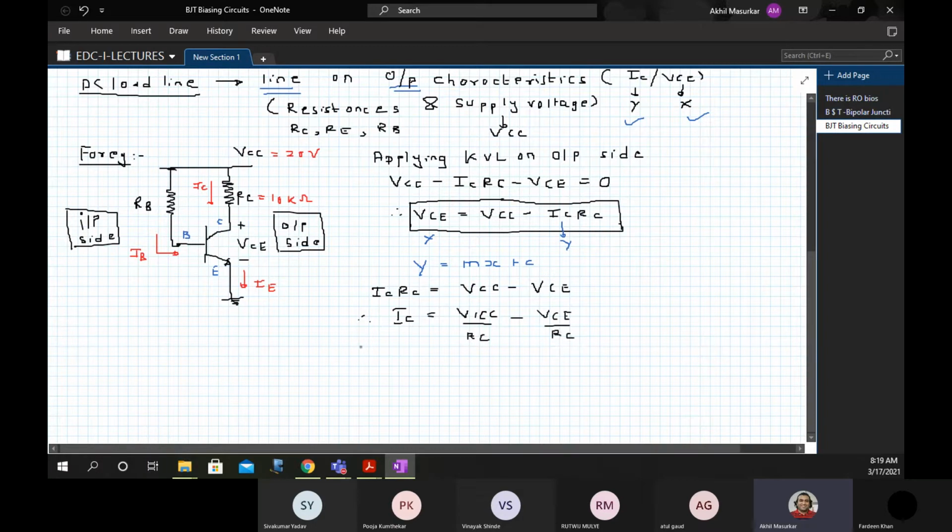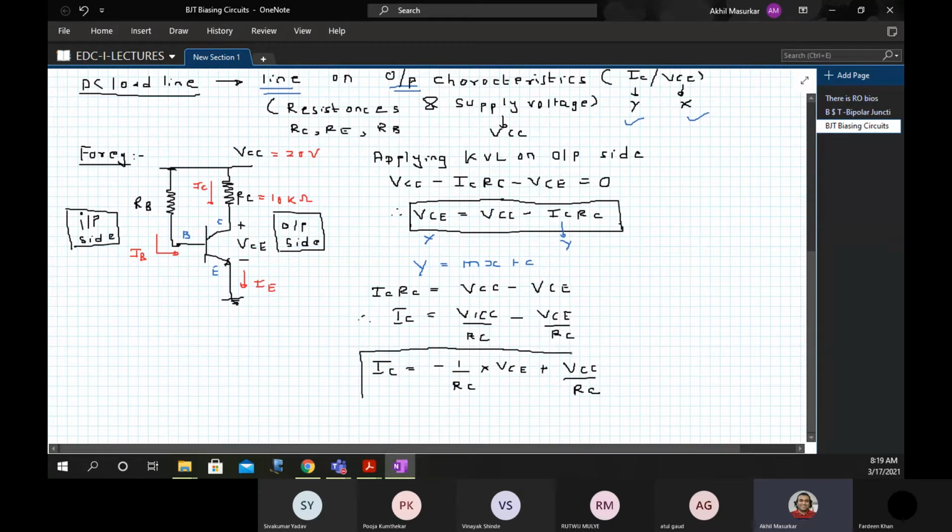To take it further, IC is equal to minus 1 by RC into VCE plus VCC by RC. Now if it's a line, it will have some slope.